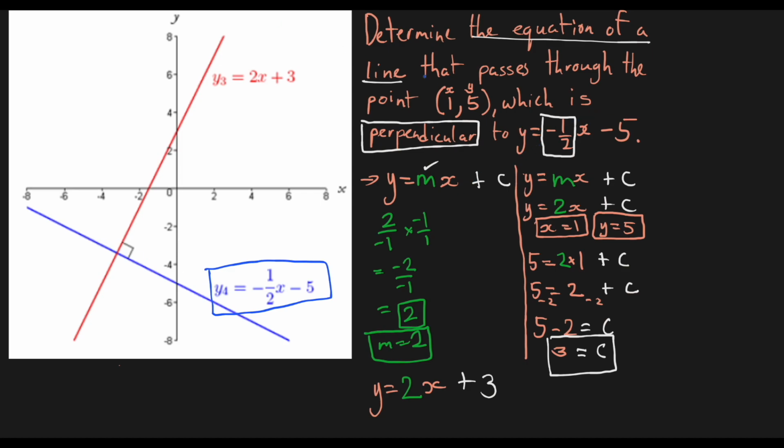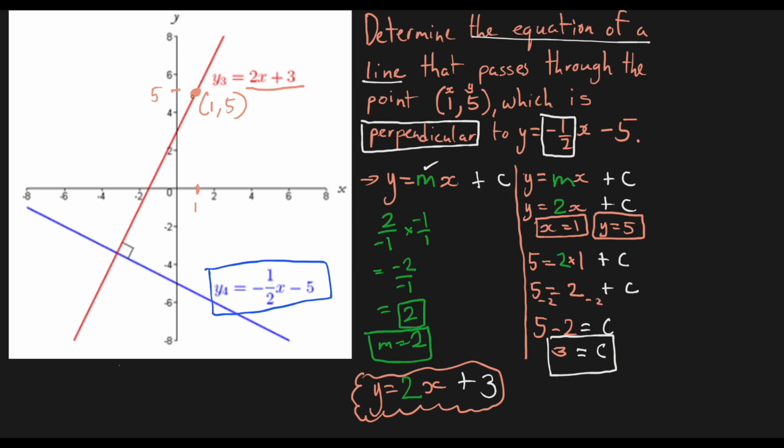And it's saying that a line that is perpendicular to this same blue line passes through the point 1, 5. With this one here, 1 would be somewhere around here, and 5 would be somewhere around here. So if you see this now, this basically is the equation of the line, and it passes through 1, 5. So you can see here 2x plus 3, which passes through the point 1, 5.